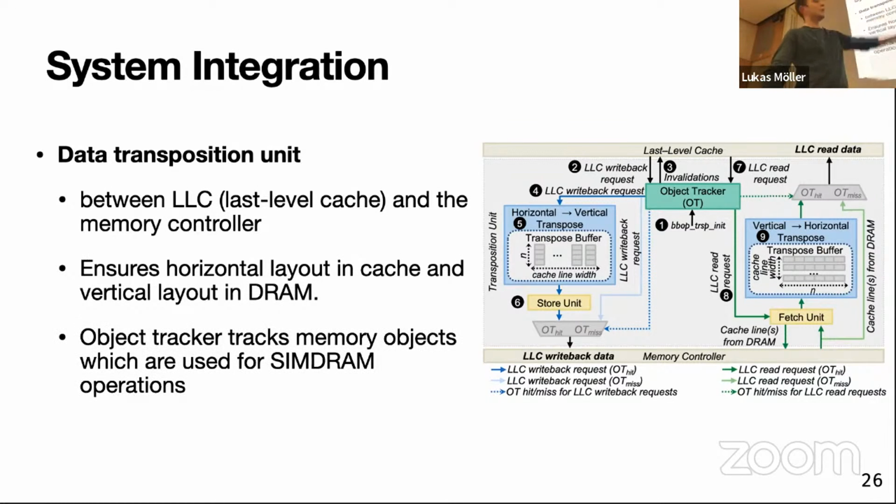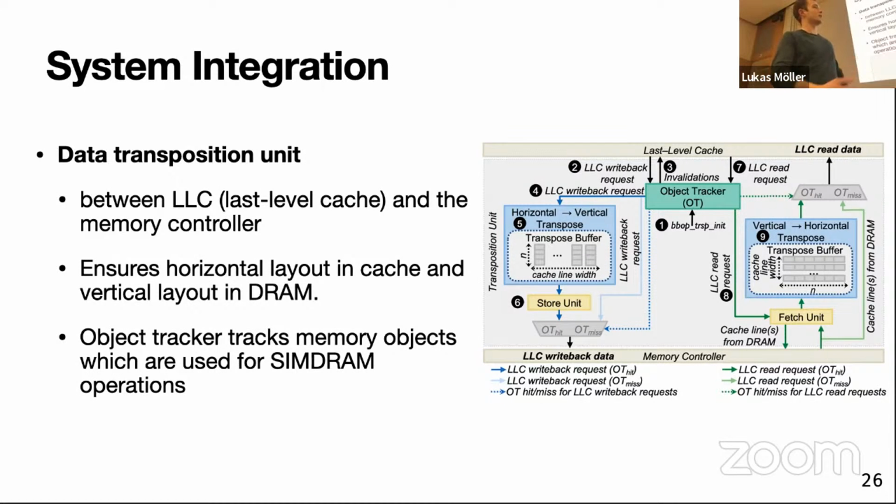The object tracker, which we see in the middle here, tracks which objects are used by SIMDRAM and will then ensure that the transposition is made whenever necessary. So when the last level cache requests a write back, it will check whether the affected memory location is a SIMDRAM object. When that is the case, it will use the transpose buffer to transpose the data and only then write it back into the memory controller.